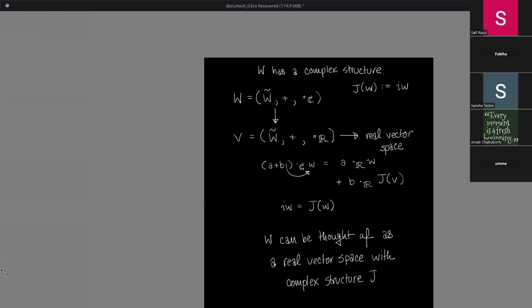Now this is not enough to get back to W. In order to get back to W, we need the map J, which allows us to go from a real element to a complex element, which V doesn't understand. It just thinks of all of the elements as being elements of a vector space. And you're right, the real dimension of the real vector space is twice the dimension of the complex vector space. But we didn't invoke that anywhere, and that doesn't ruin our proof.